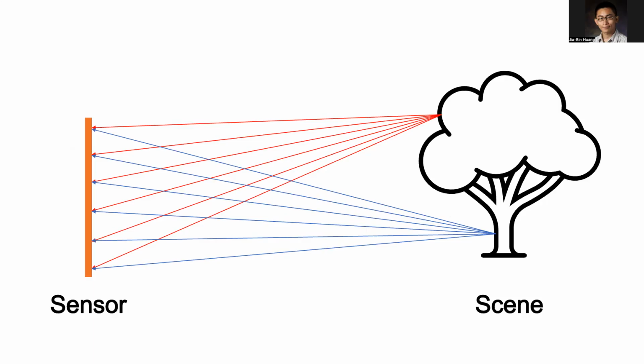So what will happen in this case? Would I get a clean image? You can see that now every pixel records both the light coming from the top of the tree and also the bottom of the tree. So what would that image look like?